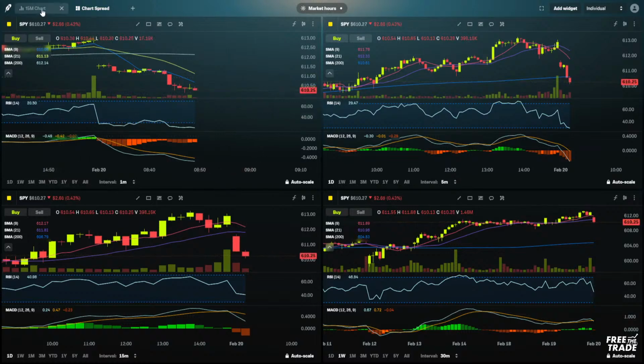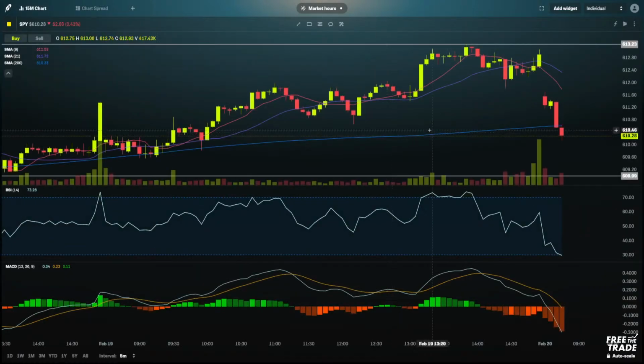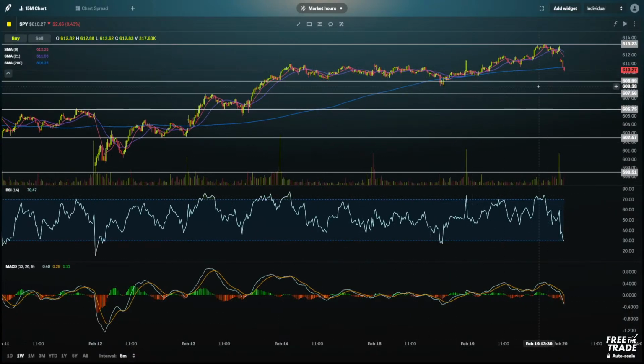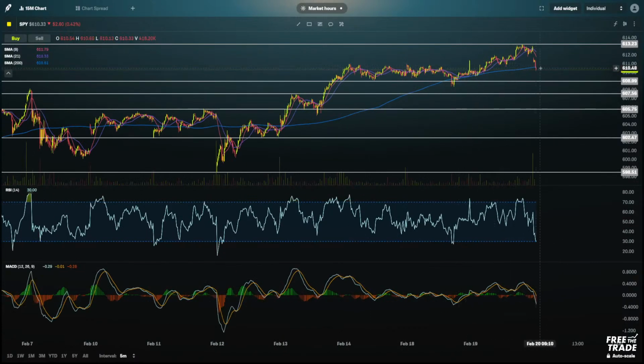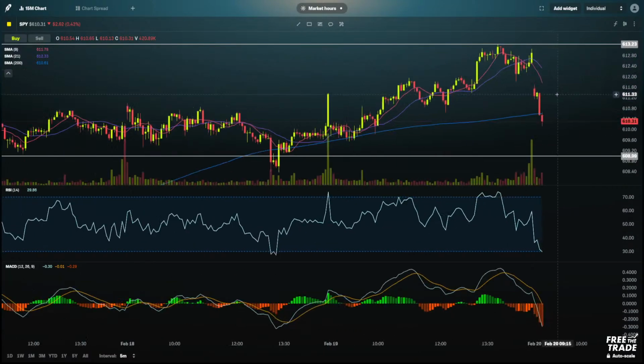If you remember on this chart, we talked about how there wasn't a strong support level down here. We could potentially see a deep drop today, but we'll just see.